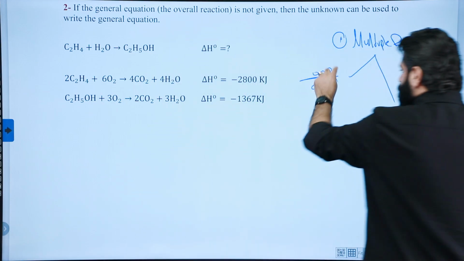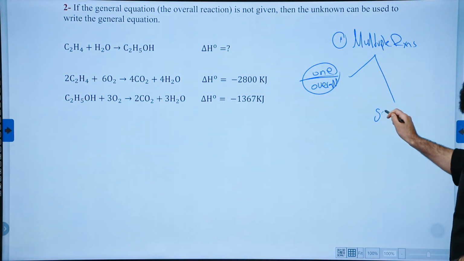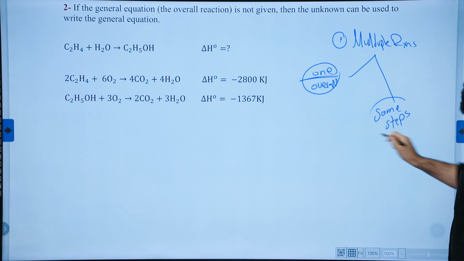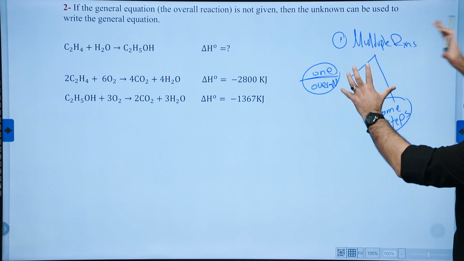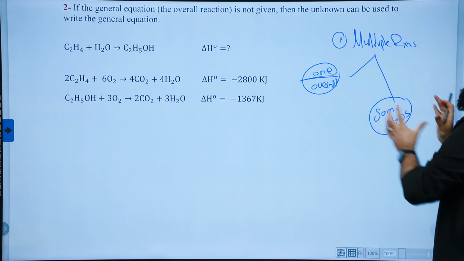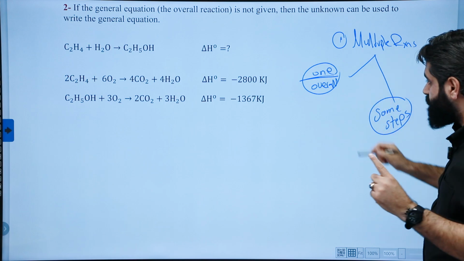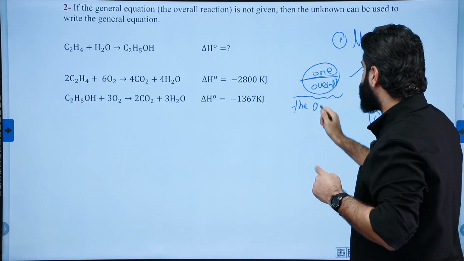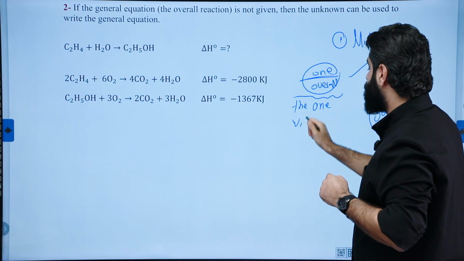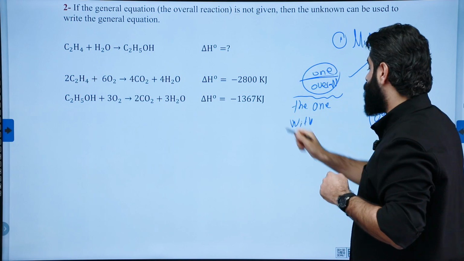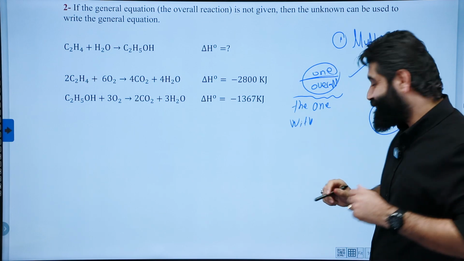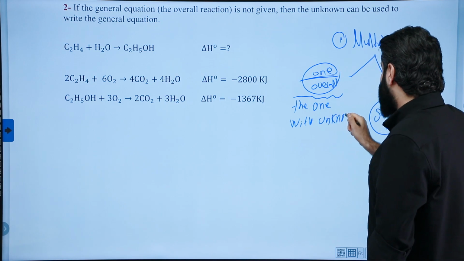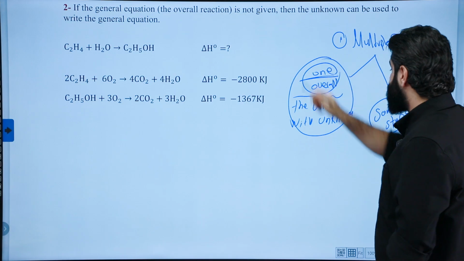One overall with some steps or intermediates. Most importantly, the overall is the one with the unknown. The one with the unknown is the overall.